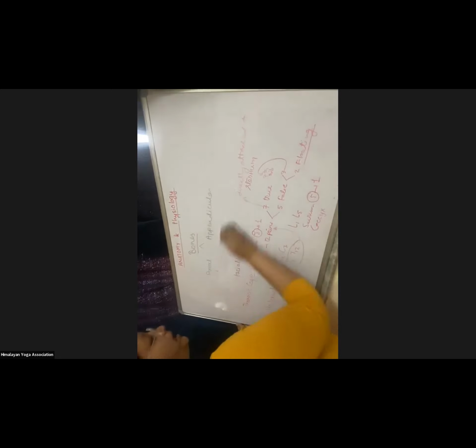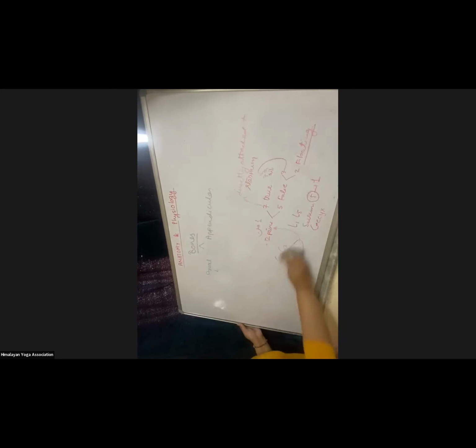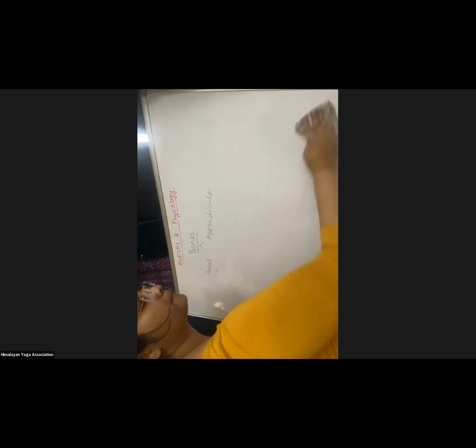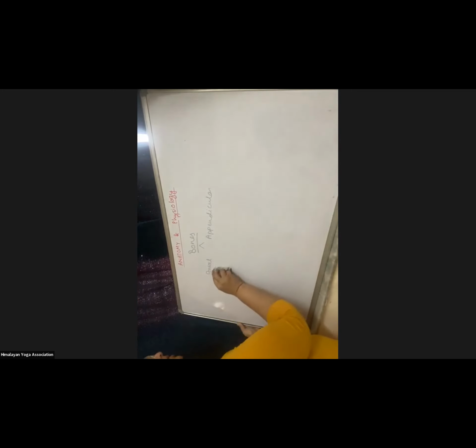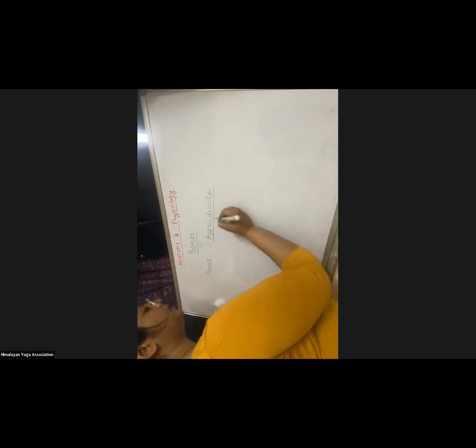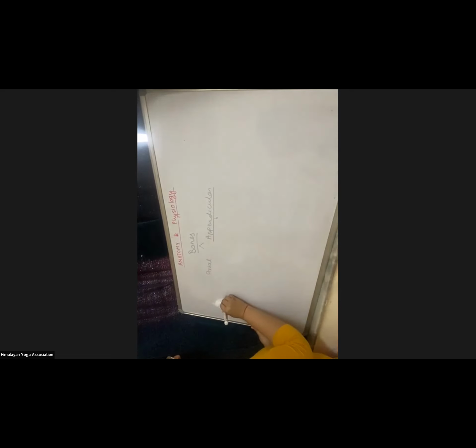Okay, so we have done axial. Now let's just revise appendicular. So in appendicular, what all comes is arm, leg, pectoral girdle, and the pelvic girdle.